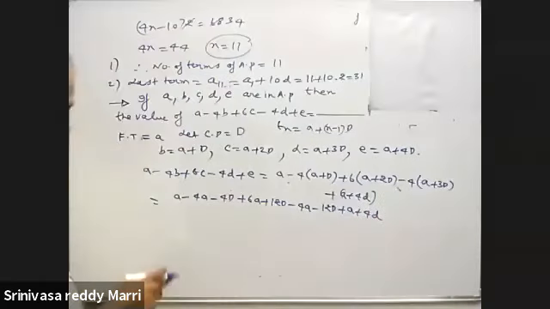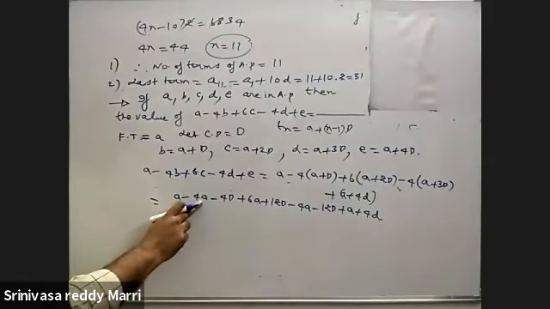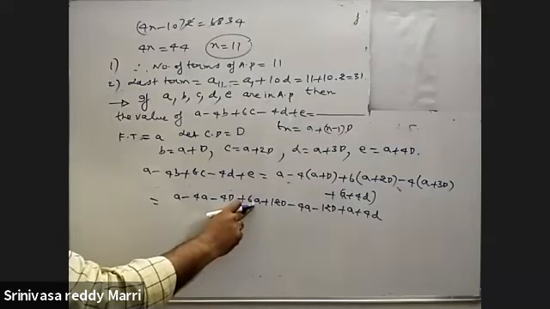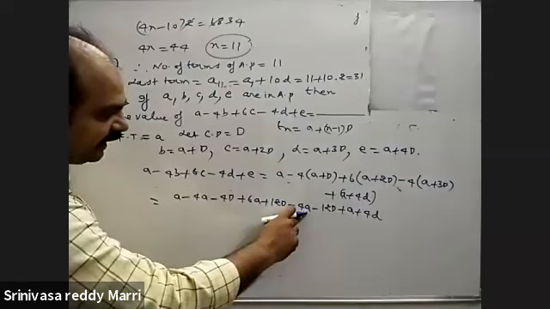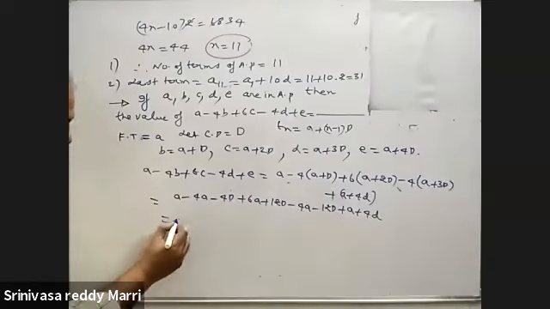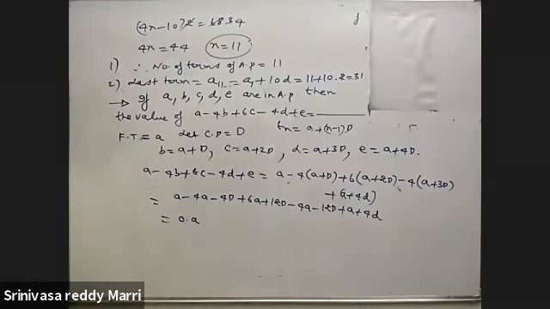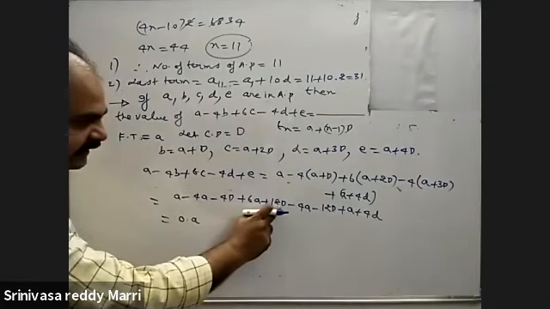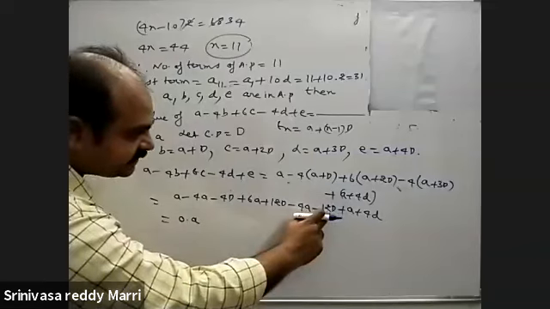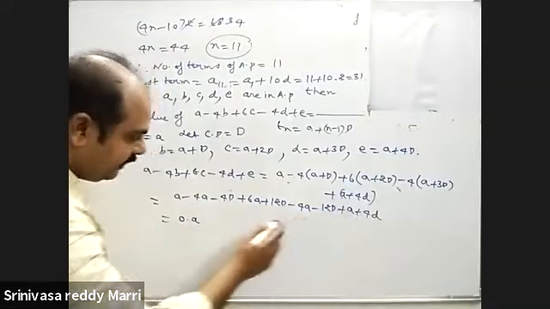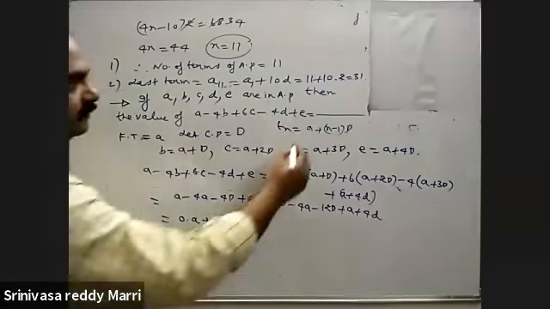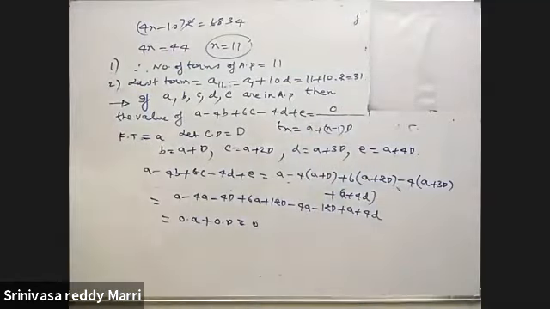Look at A terms: A minus 4A minus 4A... A minus 4A plus 6A minus 4A plus A. A will get cancelled, 0A. Now look at D terms: minus 4D plus 12D, 8D, 8D minus 12D plus 4D, 0 into D. So answer is what? 0.